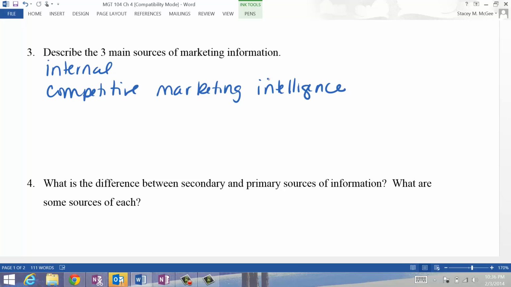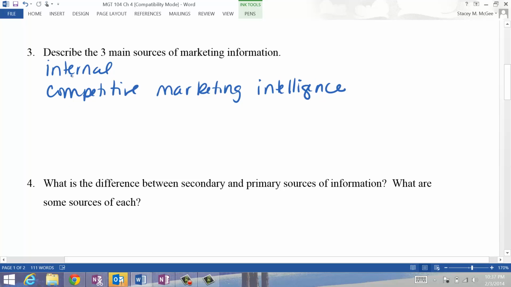I might get this from going to a trade show and seeing what people are doing. This is information from our competitors, but it is publicly available information. So I guarantee one company knows what their prime competitors' financial statements look like because that's publicly available information. Information that we get from our marketing intermediaries about what our competitors are doing. So anything outside of the company.